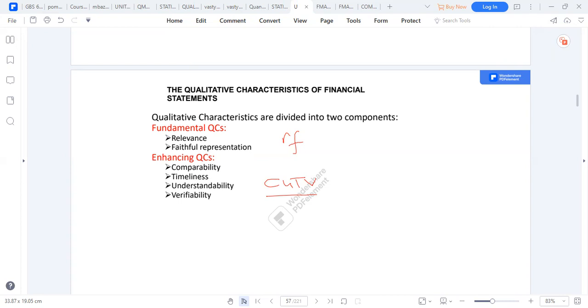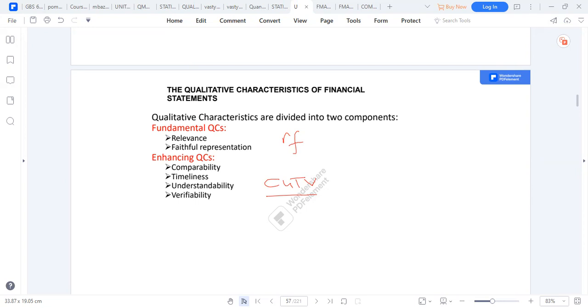Understandability. In terms of understandability, information must be comprehensible to the users. Even a layman must be able to say they've made a profit or loss. There should be clarity, presented in a manner that is concise and suited to the knowledge level of the intended users. Verifiability means this information must be such that independent, knowledgeable observers can reach a consensus to say, okay, this was within acceptable standards.